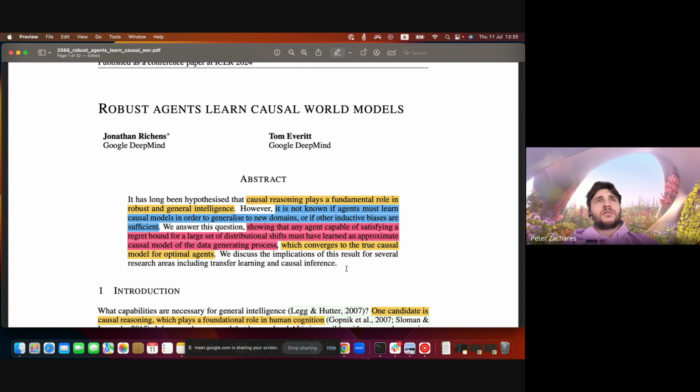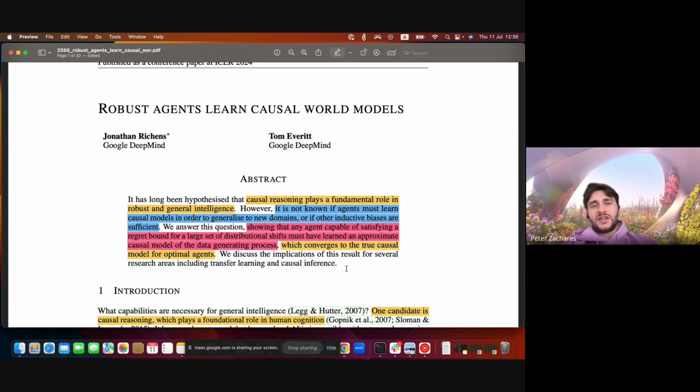The work even provides algorithms for identifying causal world models from robust policies. But some of the assumptions of the proofs are a little bit strong to be used in practice, and that's why there's no experiment section. But again, there doesn't really have to be because they're proving something that's pretty cool.